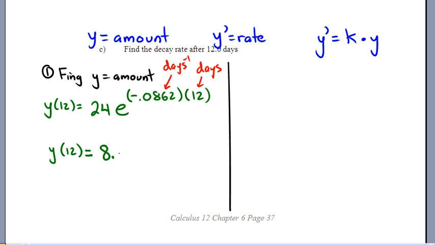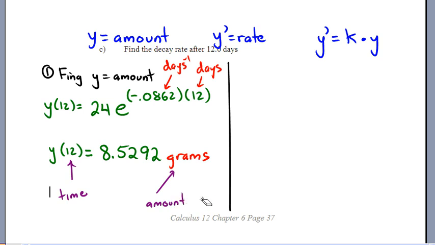We're down to 8.5292 grams. So we've gone and put in this time here of 12. Sorry, getting ahead of myself. This is the time, and that's the amount now that we've got. That many grams.